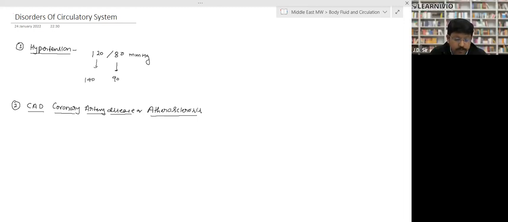So can it be from fatty acids? It refers to deposition of fatty substances, especially cholesterol, in the medium and large arteries. Full stop.